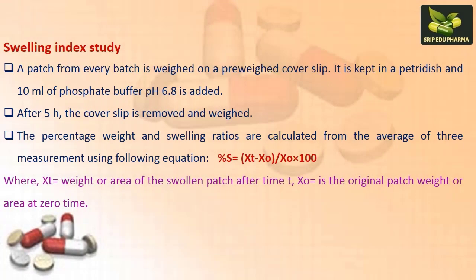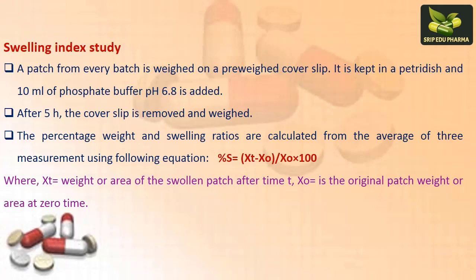So students, the next important parameter is the swelling index parameter. In swelling index, we analyze the increase in the weight of the buccal patch once it is dipped in a petri dish of 10 ml phosphate buffer at pH 6.8. Why do we use pH 6.8? Because the pH of the saliva is 6.8.